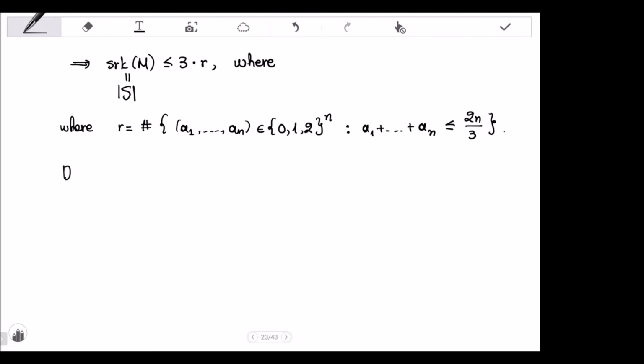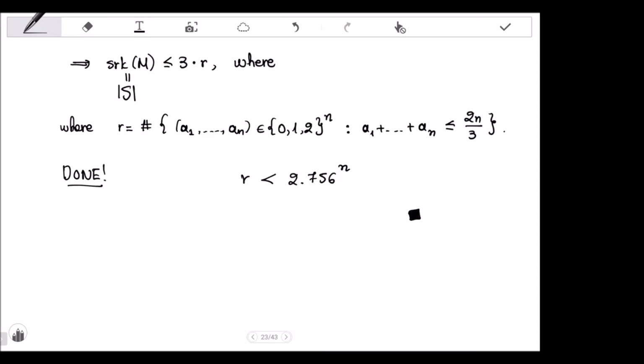And we're actually done, even though it's not so obvious, because this r happens to be smaller than 0.756 to the n. And that's it. So I will explain this in the end.